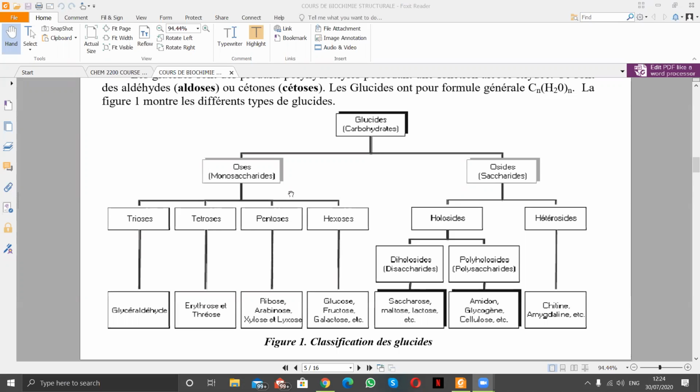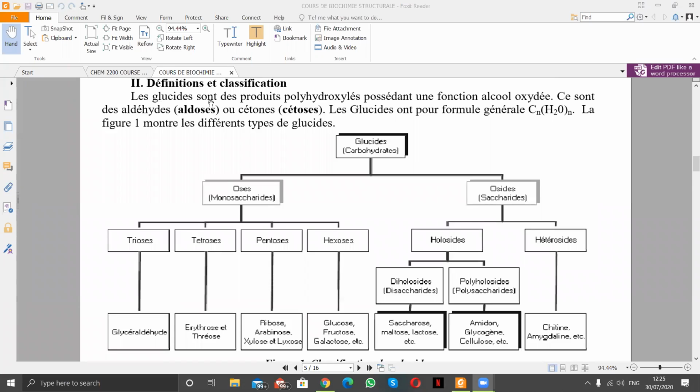Then the things you need to take note of: all monosaccharides consist of a single polyhydroxyl aldehyde or ketone. Here, an aldehyde or ketone is what we call aldoses or ketoses.